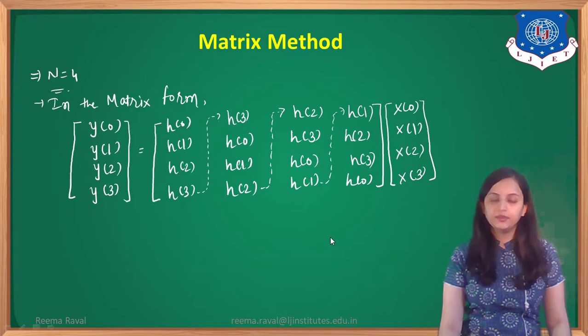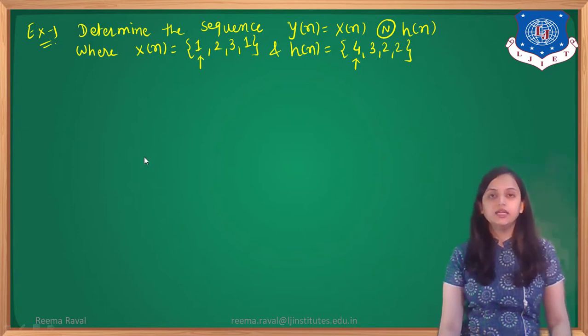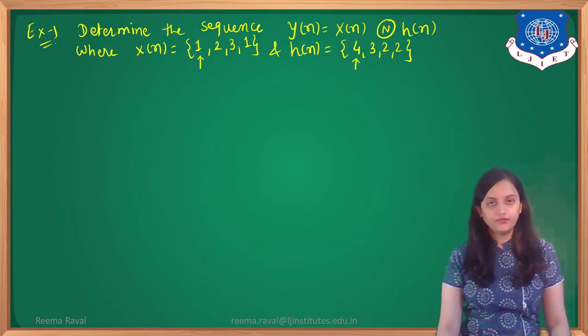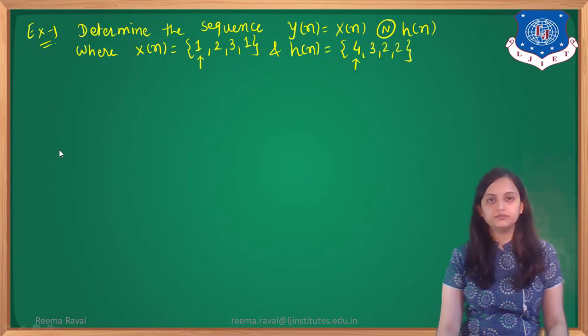Let us see the example so that it will become more clear. So here the data given to us is: determine the sequence y of n, that is equal to x of n circular convolution with h of n, where x of n is 1, 2, 3, 1 and h of n is 4, 3, 2. So using the matrix method, let's see how we can find this.